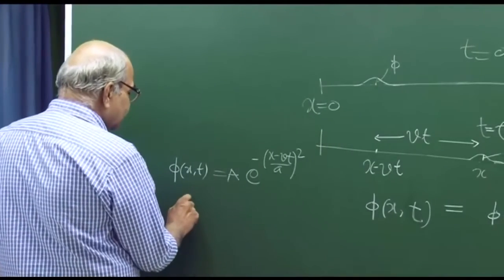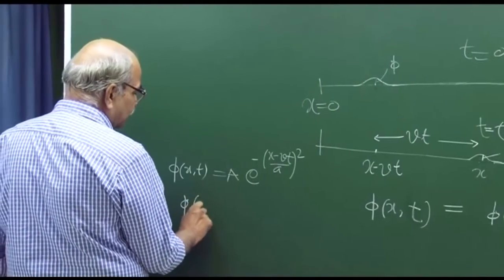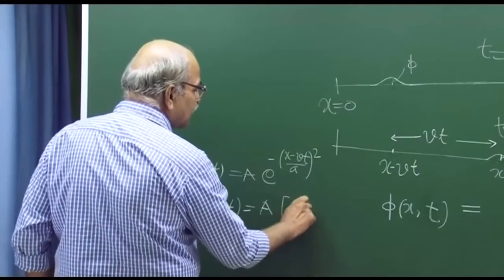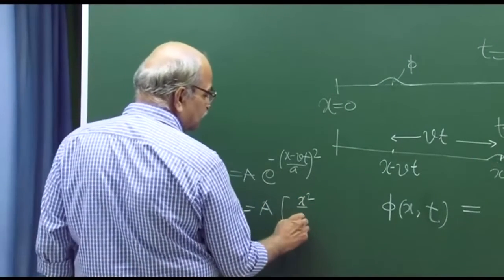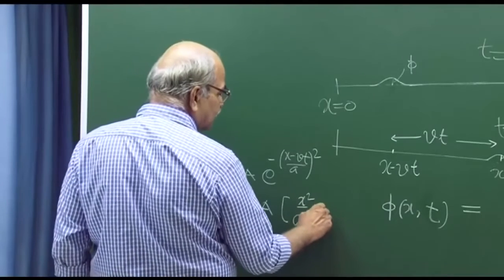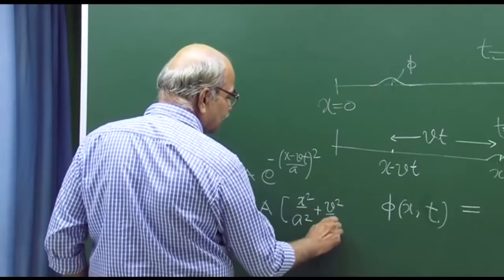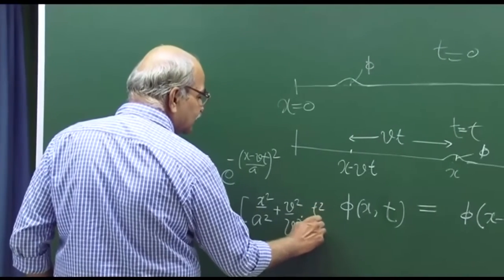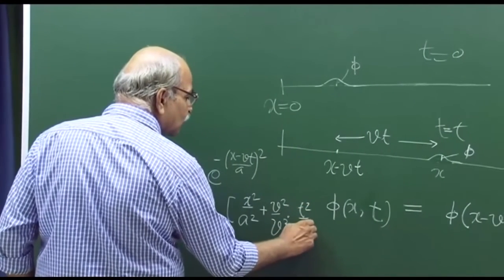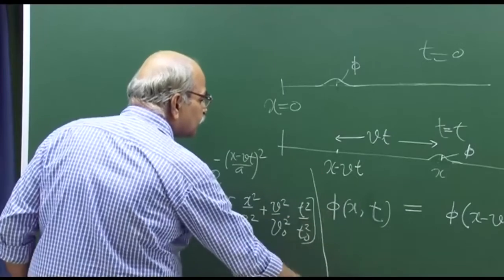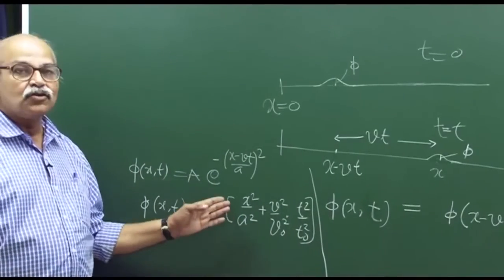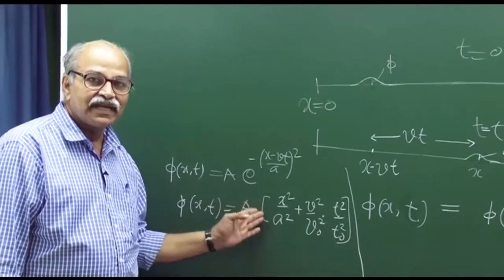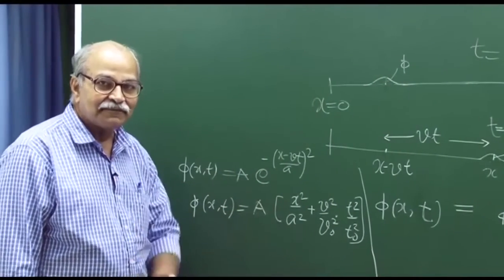But if I say that phi of x, t is equal to some constant times x square by say a square plus v square by v naught square times t square by t naught square and so on, this is not a wave propagating in positive x direction with velocity v.